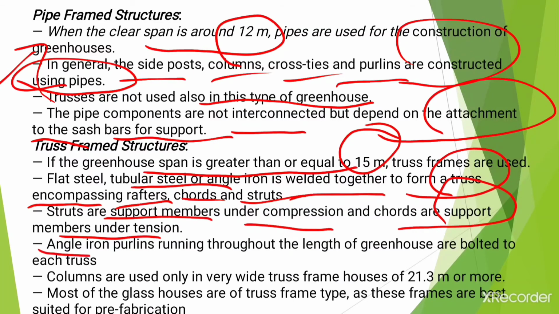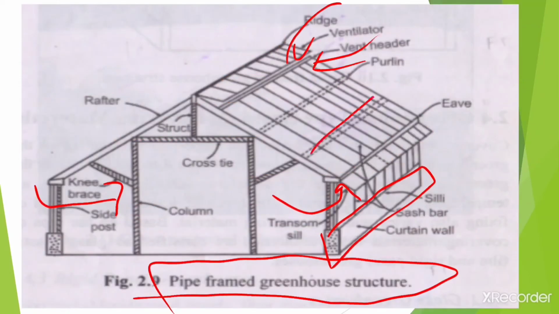After that, angle iron purlins run throughout the length of the greenhouse and are bolted to each truss. These are the purlins.